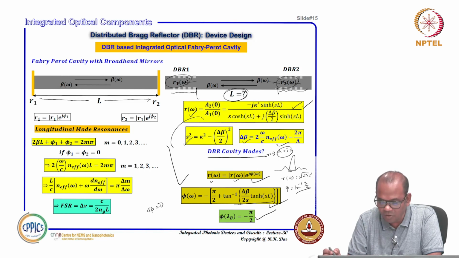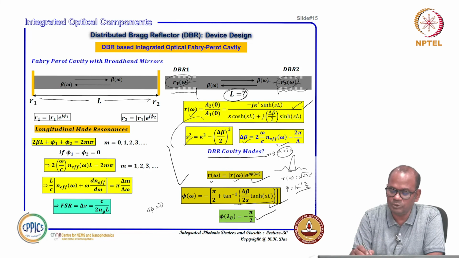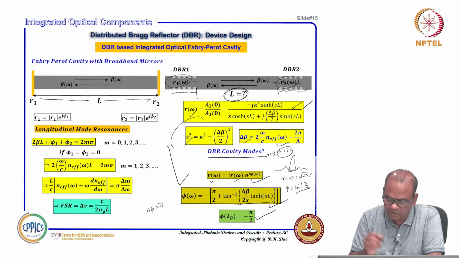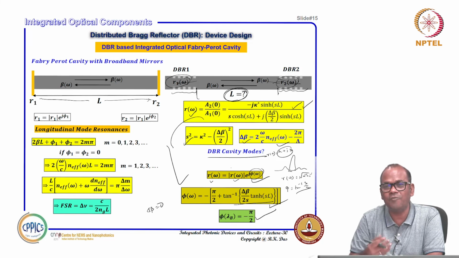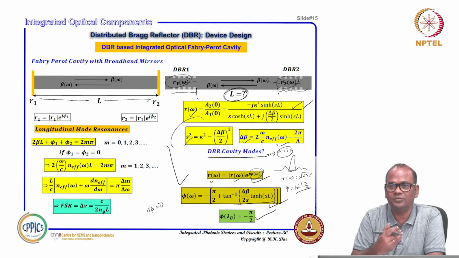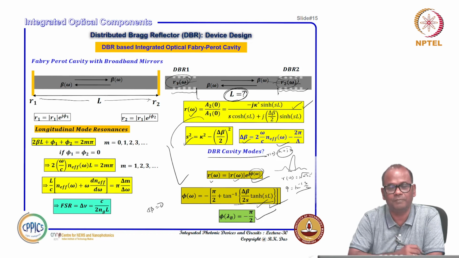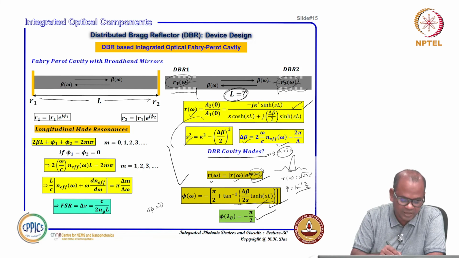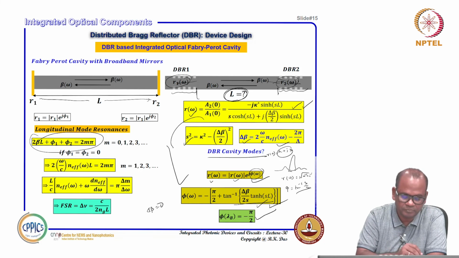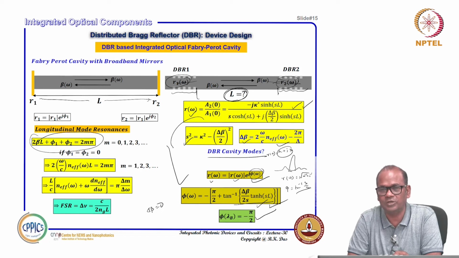Obviously, we will say no, but you can use this value as long as you consider that inside the DBR you have a phase. This phase takes care of how much path length you must consider; that information is involved here. So, you can consider L and this phi, and use the same principle here. Then you can find a resonance wavelength.